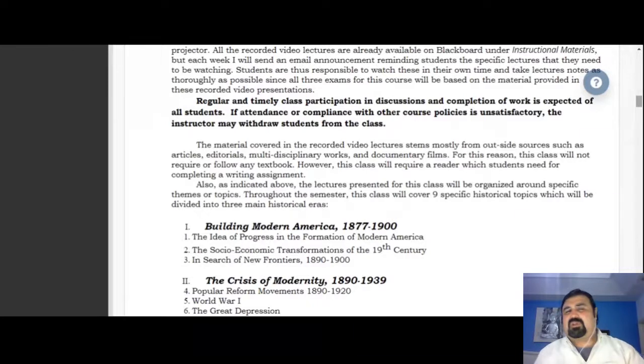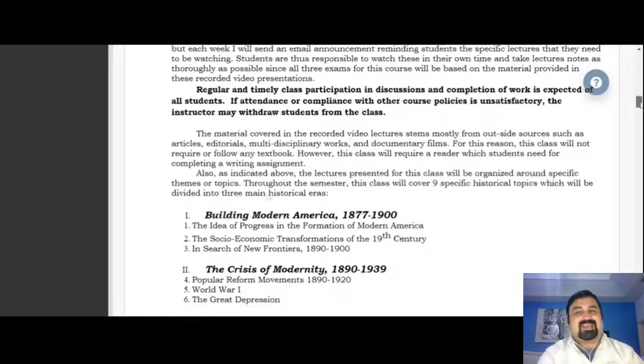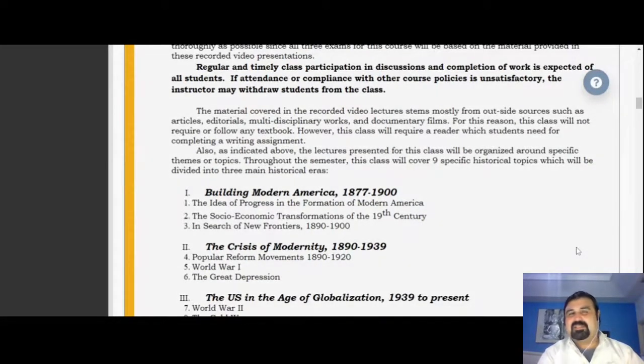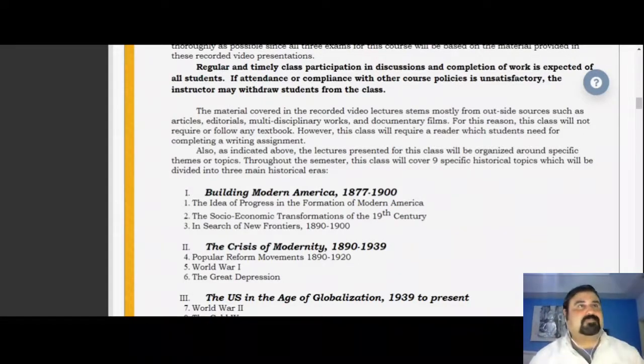So it's very important that you keep up with those lectures, you review the material, you take notes, because the 3 exams are going to be based on this material. It's very important to note that during the exams, all the questions are going to be based on the material I presented on those video recordings.